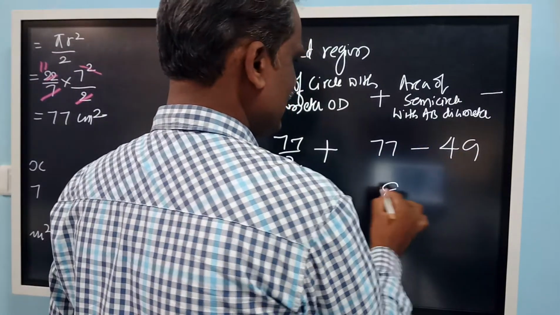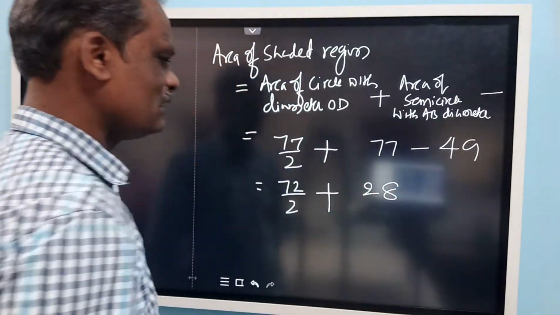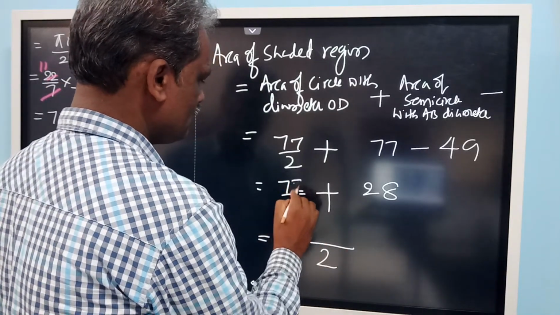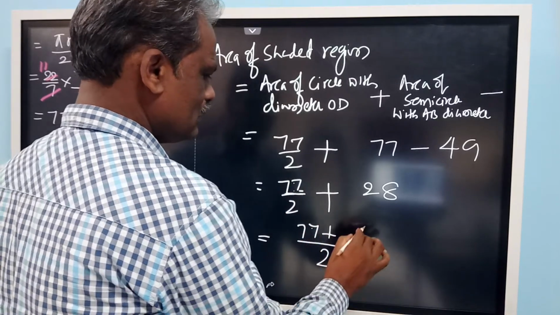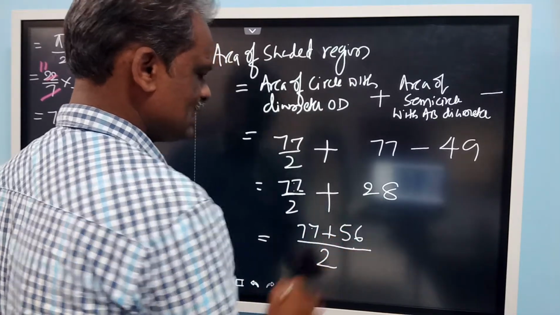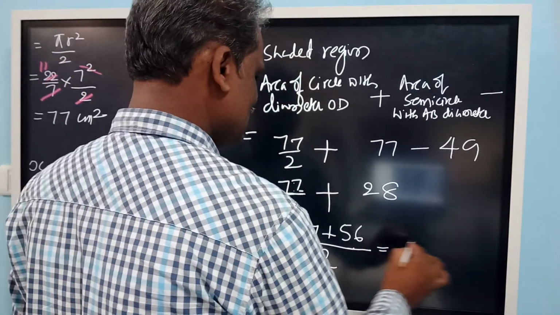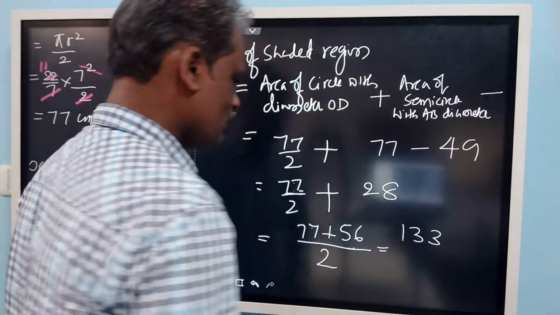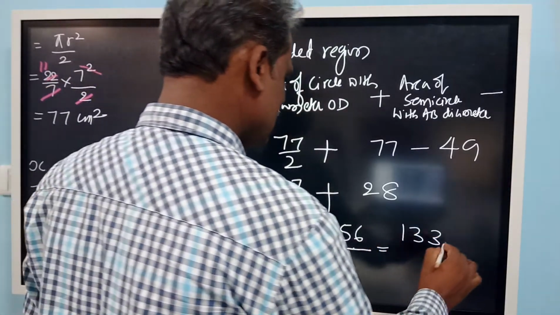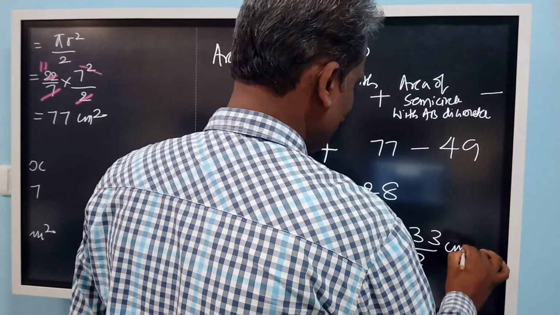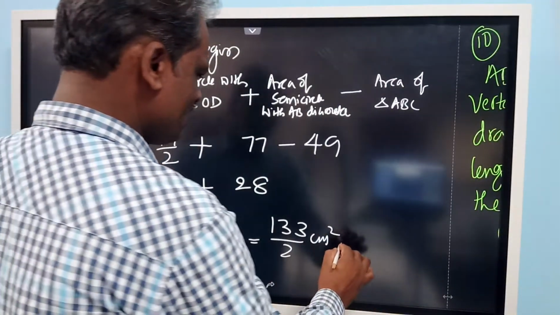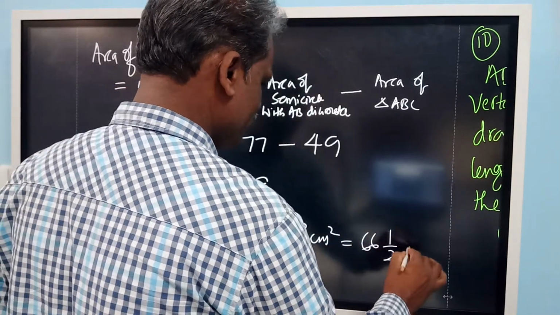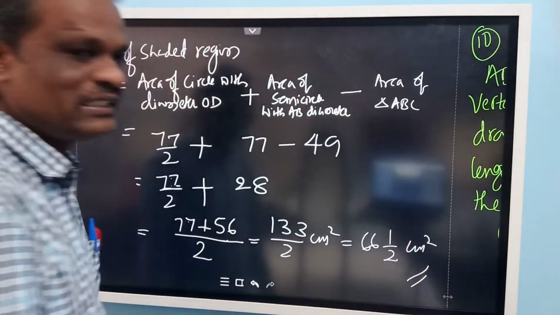Take LCM as 2: 77 plus 154 minus 98 over 2, which gives 133 by 2 centimeter square. In mixed fraction, it is 66 and a half centimeter square. This is the area of the shaded region.